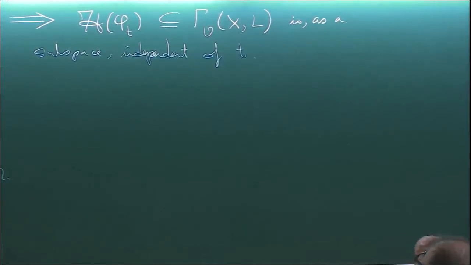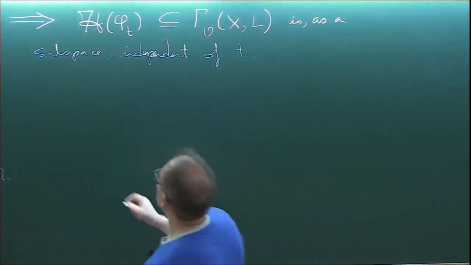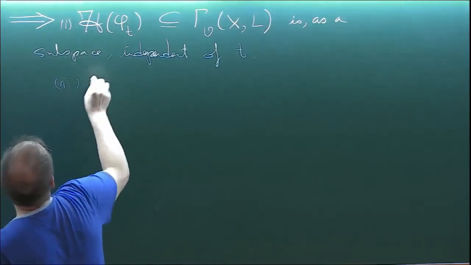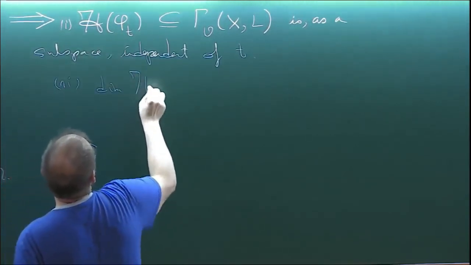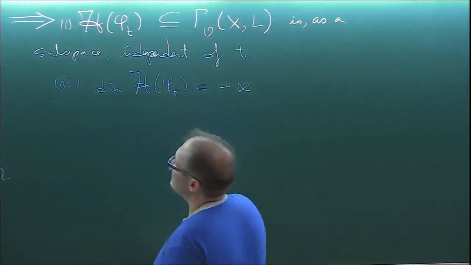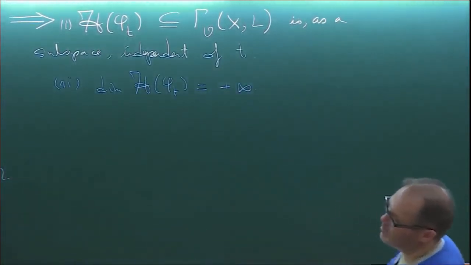Right, so in this sense we have something that can't be misconstrued as anything but a trivial vector bundle. But these hypotheses also imply that this H is always infinite dimensional. So the dimension of H phi t is infinite, which doesn't happen in this example.